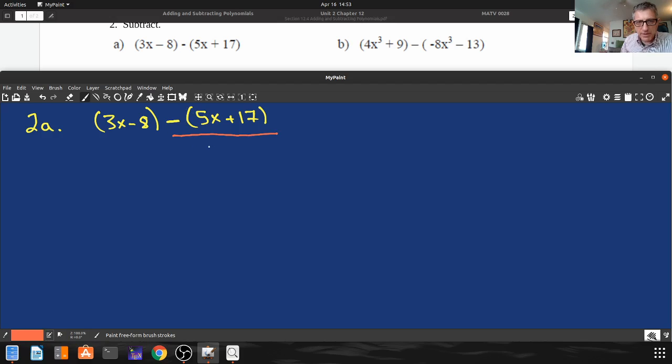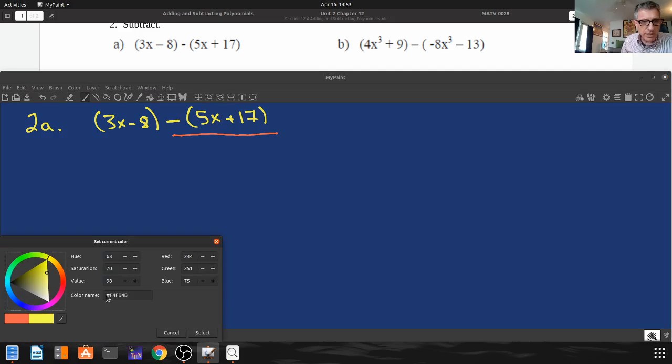And I'm going to rewrite it as a completely different polynomial. So I'm going to rewrite this as 3x minus 8 plus some polynomial. And then once I convert the minus to a plus, then I can do just what I was doing in the first 4 exercises. So here's how it's going to go.